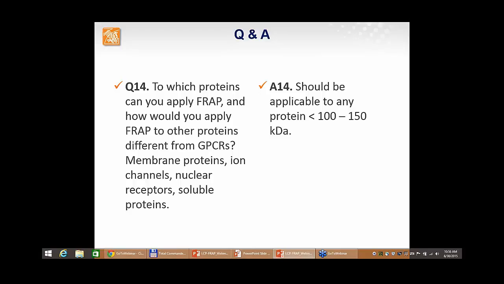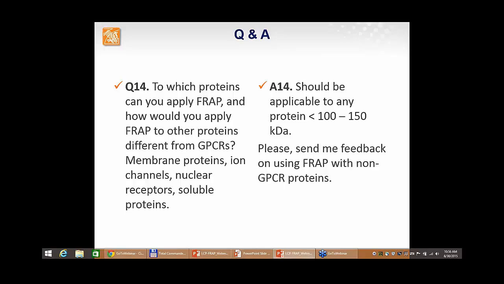We will be working further to optimize these assays for a sponge phase, and maybe in the future this will be also available. And please, if you use these assays for any other than GPCRs, send me your feedback. I would be very interested to know the experience of people of using FRAP with non-GPCR target proteins.